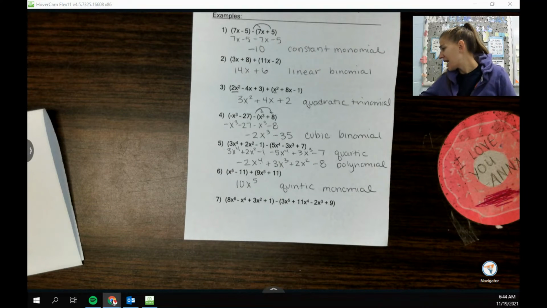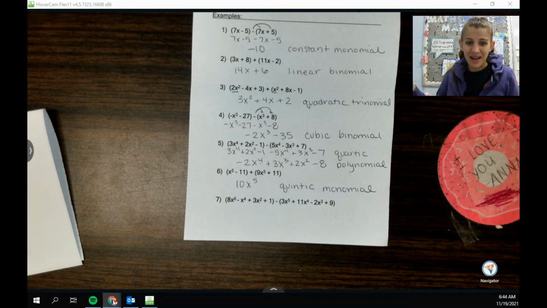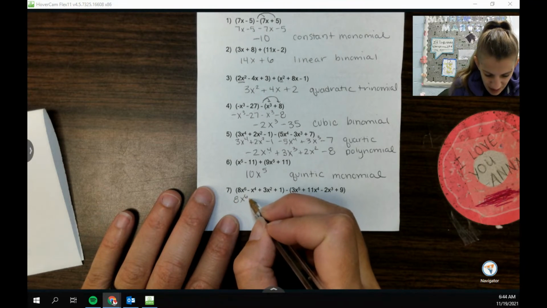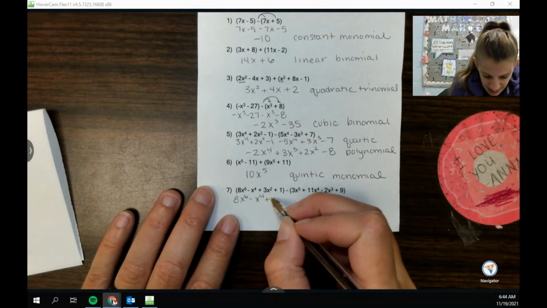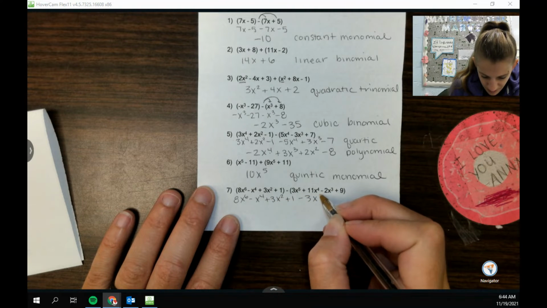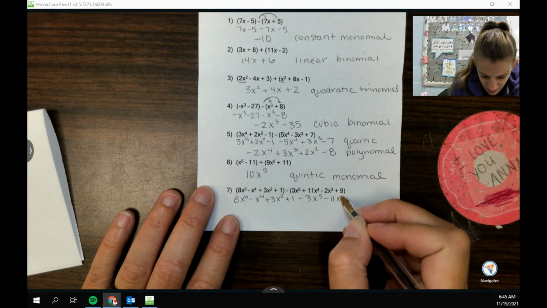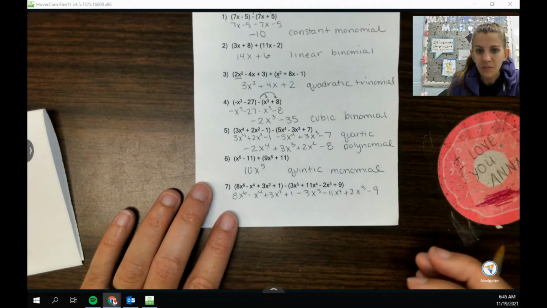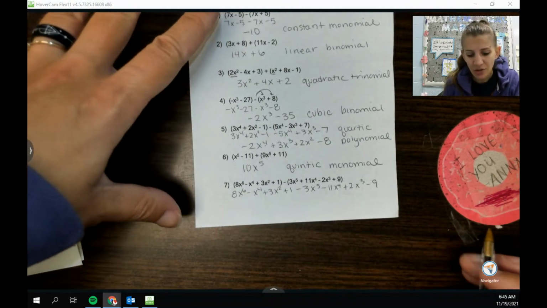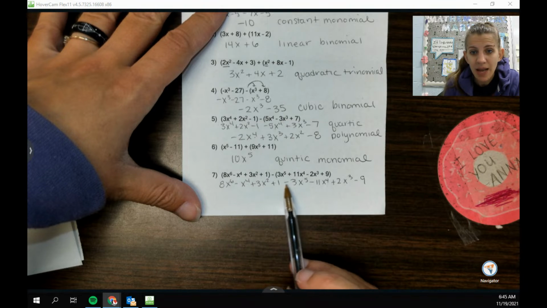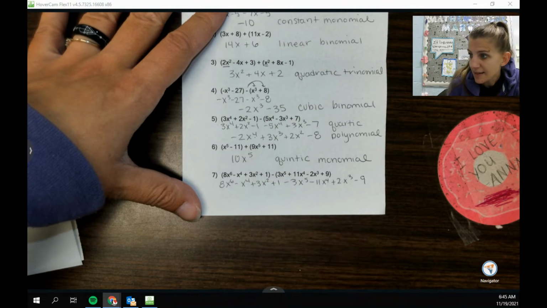And the last one that we got here, which is a real big one, we do have to distribute the negative. So the first part is all going to stay the same. But the second part all had to change. And again, I'm going to go through and look for my biggest exponent, which is x to the sixth.